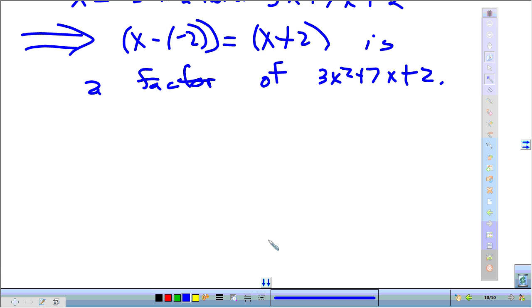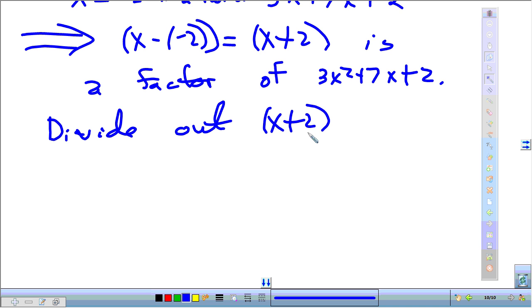Okay, so the fact that we evaluated and got 0 in the numerator said that x plus 2 is a factor of whatever that polynomial is. So now, in the 0 over 0 case, we're going to look at dividing out this factor, this x plus 2.